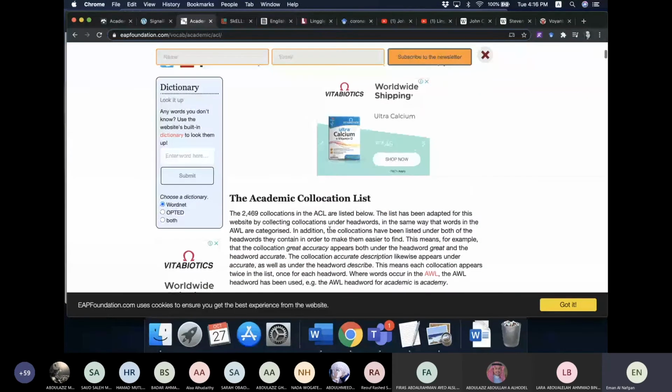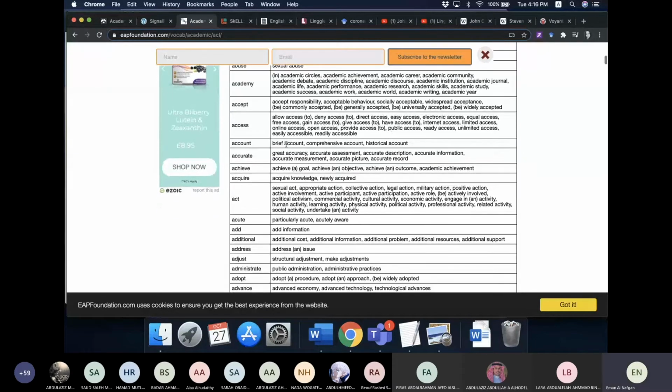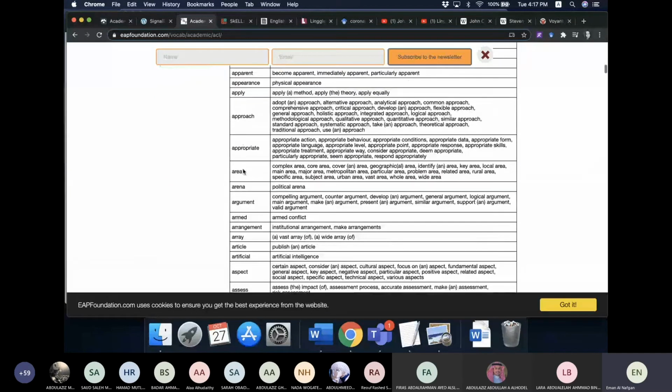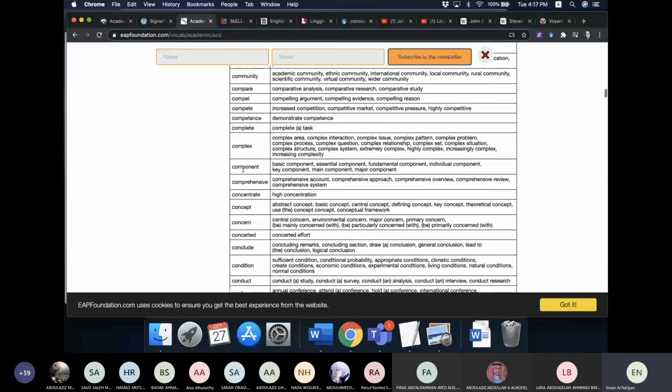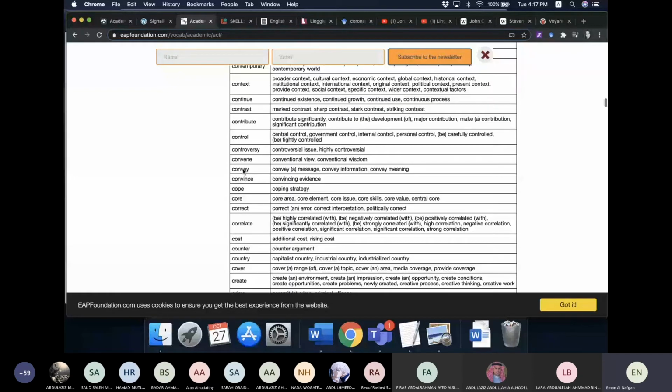So here it's alphabetical. So if you want to say, let's say, accept, here are the most common uses of accept in academic English. Okay, you want to use the word achieve, same thing, and you even get things like act, and you go on down the list. It's alphabetical. It has the top most common words used in academia.